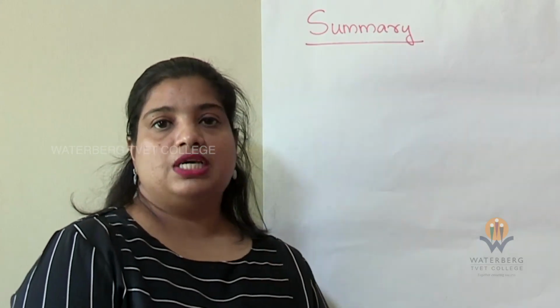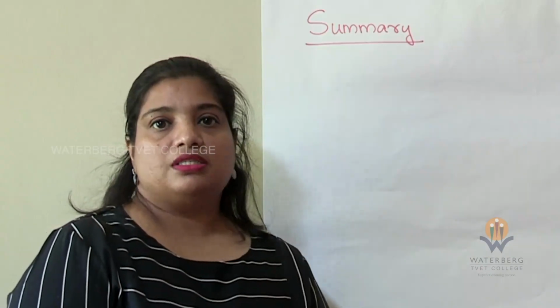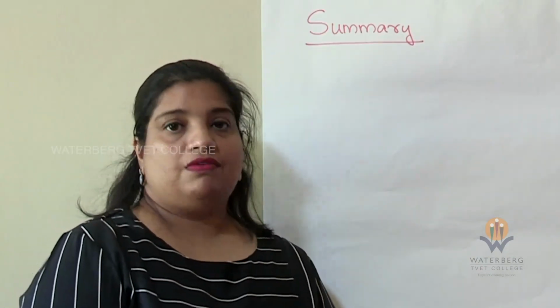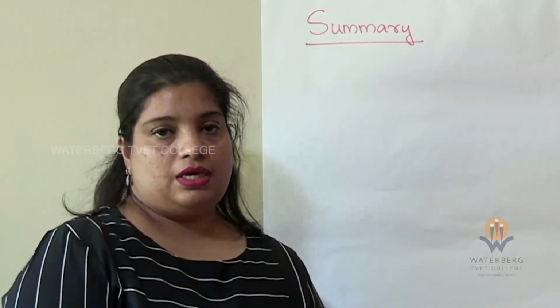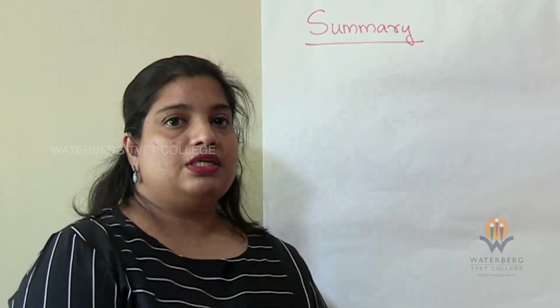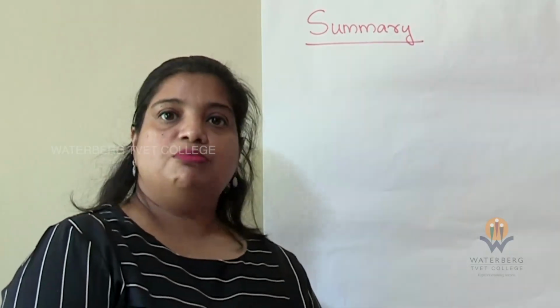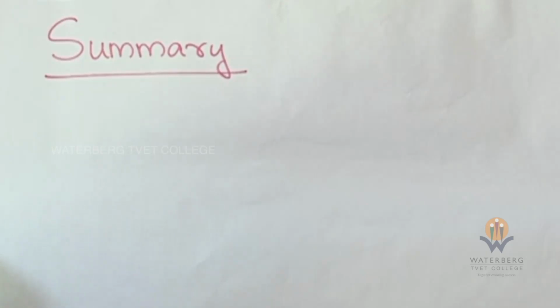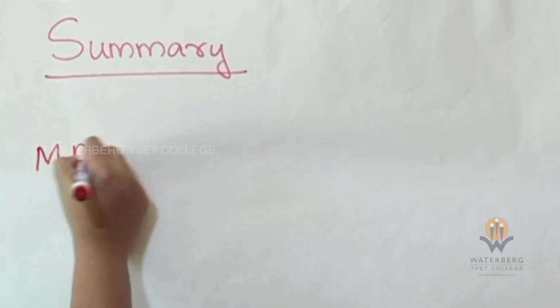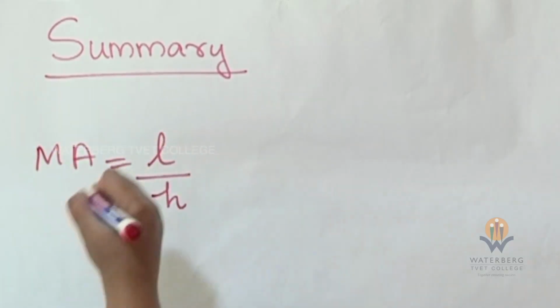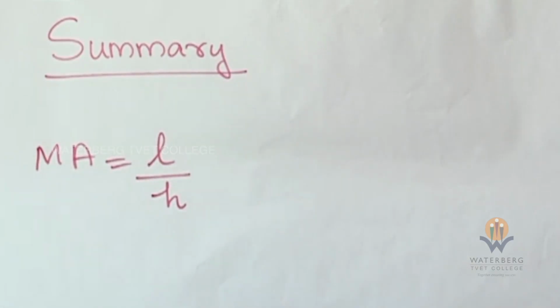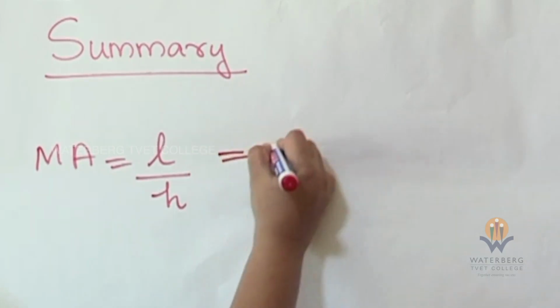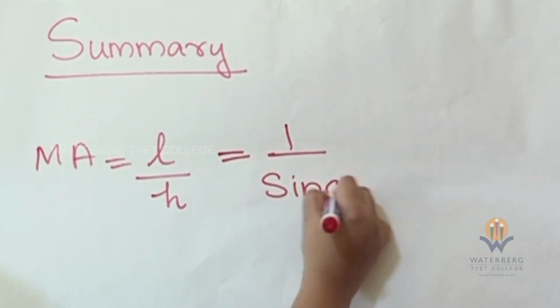Let's look at the summary of today's lesson. We did simple machines, and we know that a machine is a device which helps us to do our work easier, and we saw the functions of simple machines. We did the mechanical advantage of an inclined plane and a screw. The mechanical advantage of an inclined plane is the length of the incline divided by the height of the incline. If only theta is given, the mechanical advantage is 1 over sine theta.